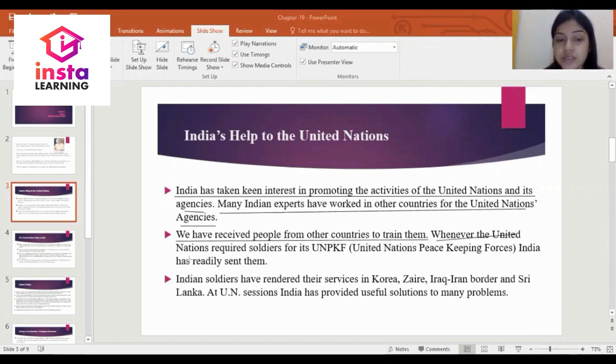Whenever the United Nations required soldiers for its UNPKF, that is the United Nations Peacekeeping Force, India has readily sent them. Indian soldiers have rendered their service in Korea, Zaire, Iraq, the Iran border and Sri Lanka. Dear students, at UN sessions, India has provided useful solutions to many problems. So, let's move ahead.